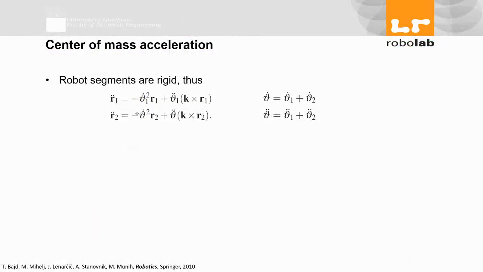So if I write them down: first derivative of theta, second derivative of theta 1, first derivative of theta 2, and second derivative of theta 2. Oh, sorry, theta is equal to theta 1 plus theta 2, as we have here, okay?